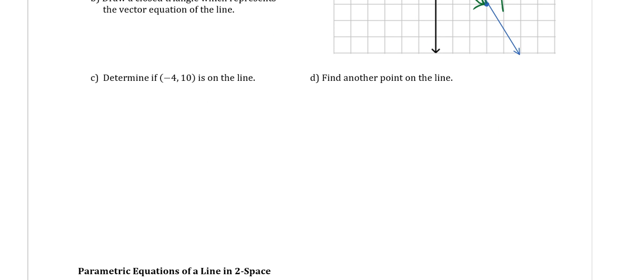Okay, so we can do all the same kinds of things with equations of lines that we've done in the past, like determine if a point is on the line.